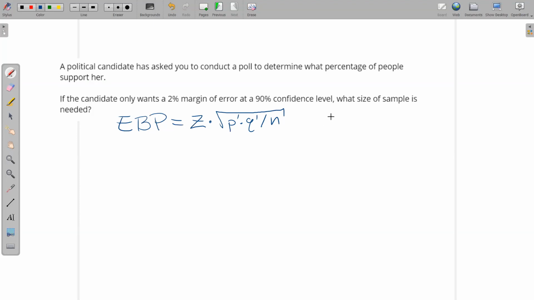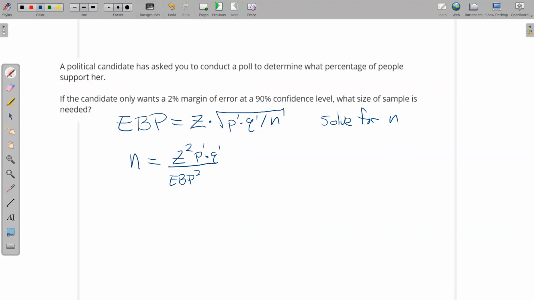If we solve this for n, then what's going to happen? We're going to get n equals z squared over the margin of error squared, and then times p prime times q prime.